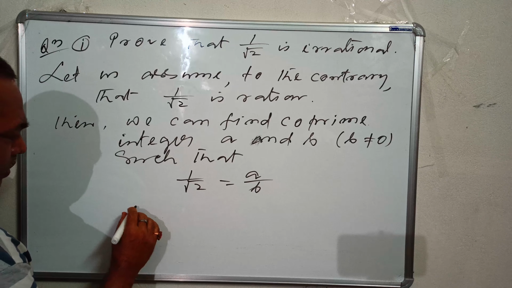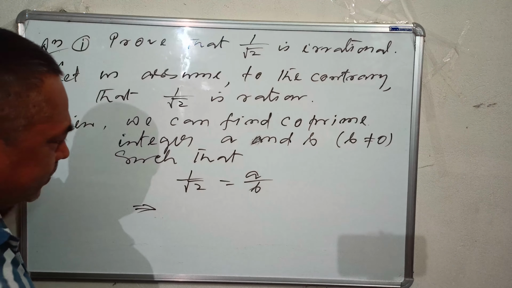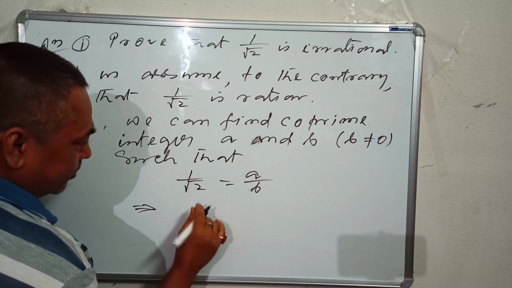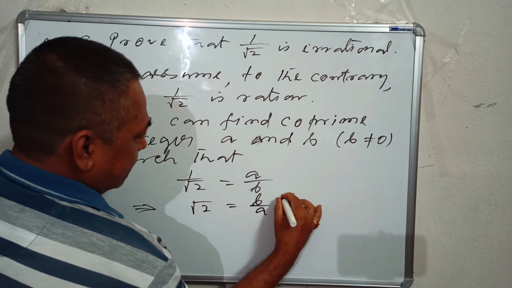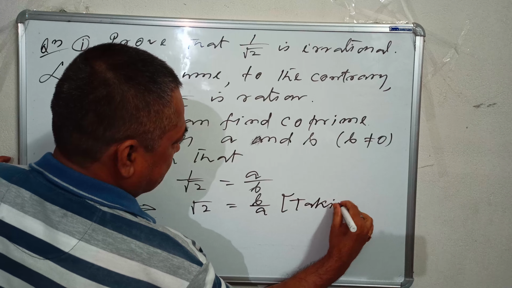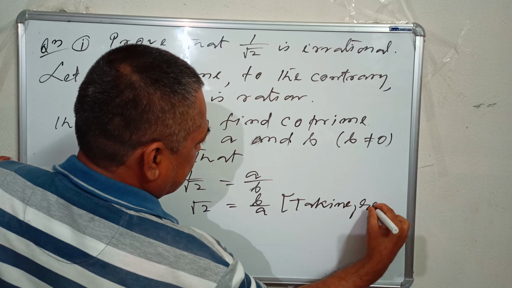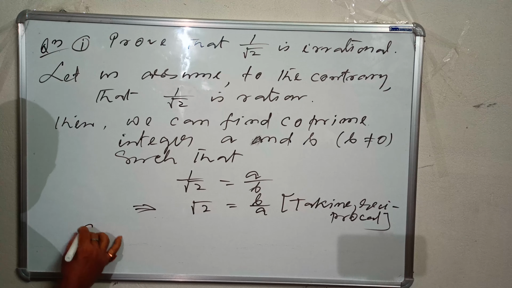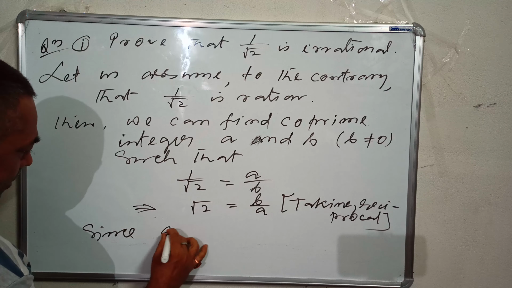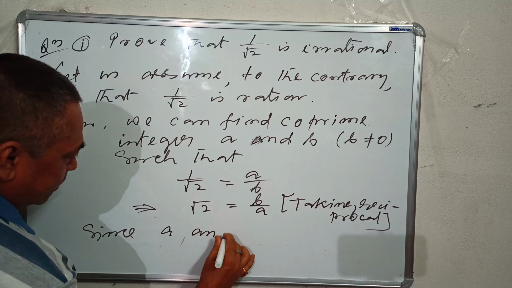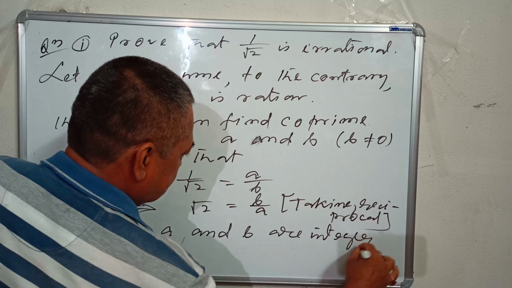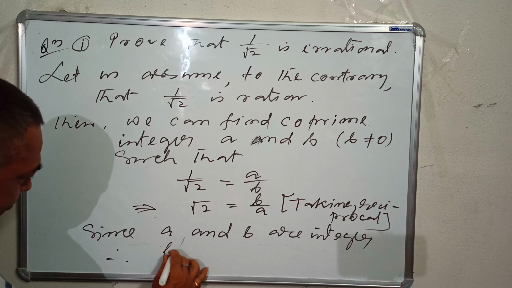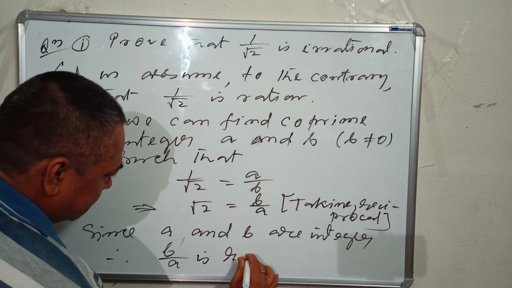Now since the square root 2 is in the denominator, let us shift it to the numerator by taking reciprocal. Square root 2 equals b by a. You are taking the reciprocal. Okay. Now since a and b are integers, therefore b by a is rational.